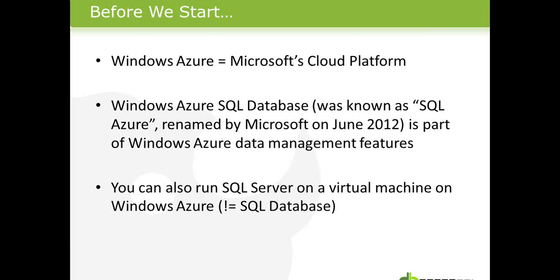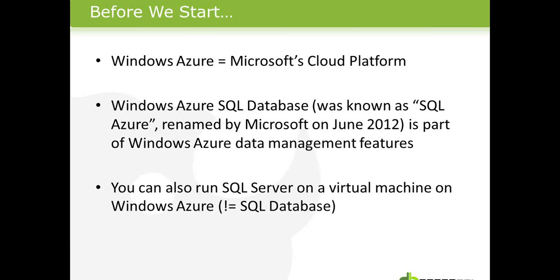So Windows Azure is a general name for the whole platform. Microsoft called the hosted database SQL Azure, but starting June this year, they decided to name it Windows Azure SQL Database. So that's a longer name for what was previously called SQL Azure. And it is part of the features that are called Windows Azure Data Management features.